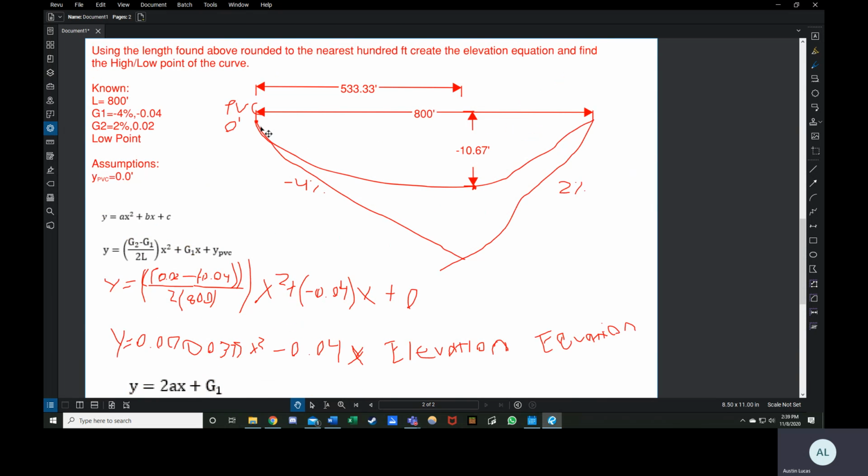So if we come 533.33 feet in this direction along that curve and measure how far the curve went down, we would find it to be negative 10.67 feet. So this is the lowest point that curve gets. I hope that has helped, and you guys have a good day.